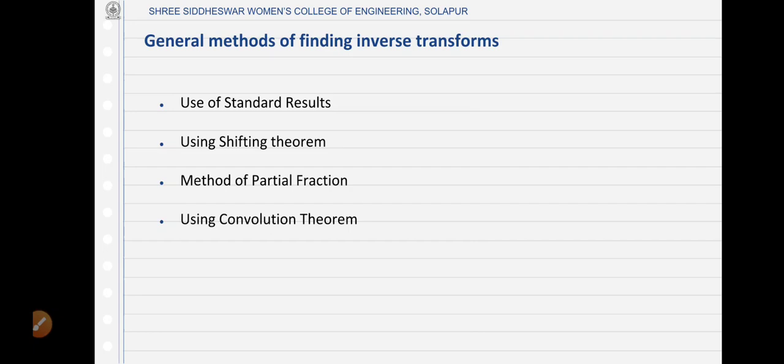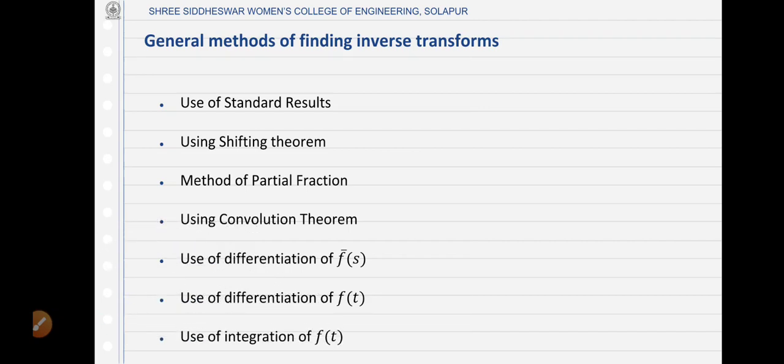This method is very useful to find the inverse Laplace transform and also important from the exam point of view. Next, use of differentiation of f bar of s, use of differentiation of f of t, use of integration of f of t. So these 7 methods are there which we are going to apply to find the inverse Laplace transform of the given functions of s.